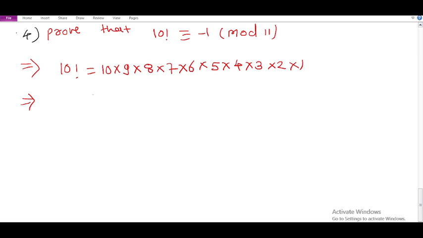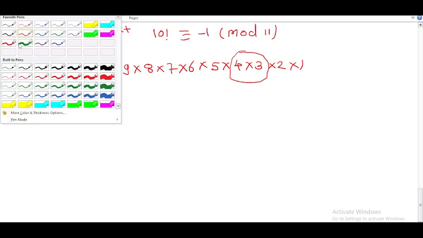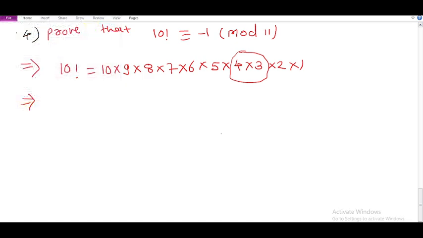From this we can say that if we take 4 into 3, since 4 into 3 is equal to 12, which is congruent to 1 mod 11.